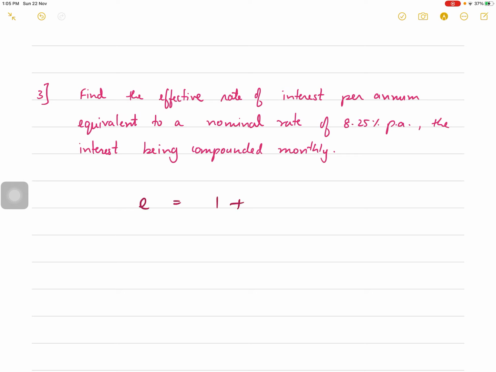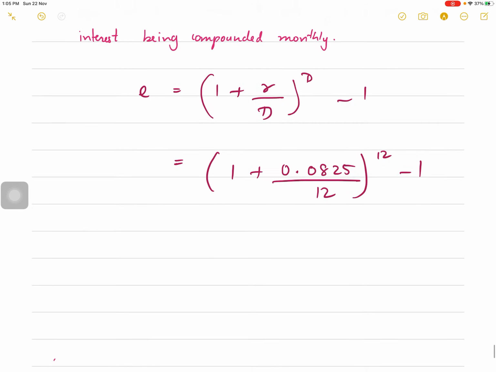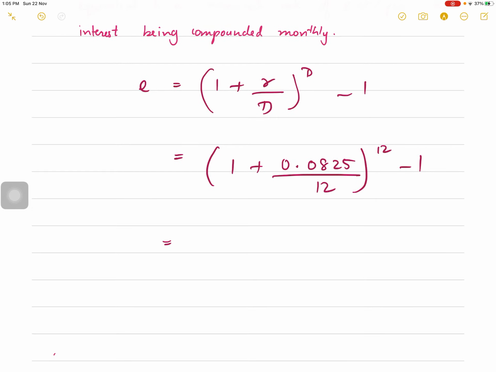E is equal to 1 plus R upon D, the whole raised to D, minus 1. 1 plus 0.0825 divided by 12, the whole raised to 12 minus 1. Okay, so 1 plus, when you divide, it comes to 0.006875, the whole raised to 12 minus 1.